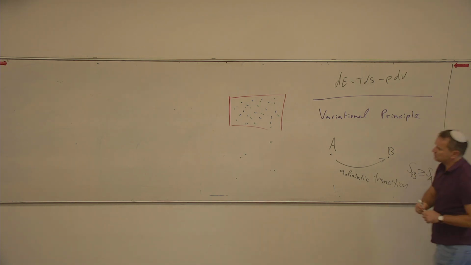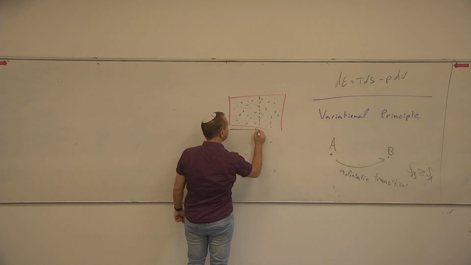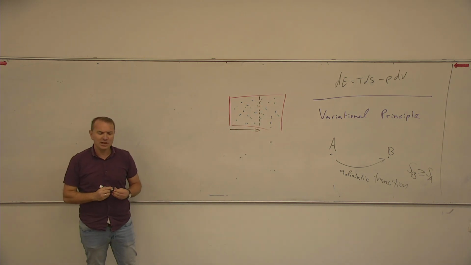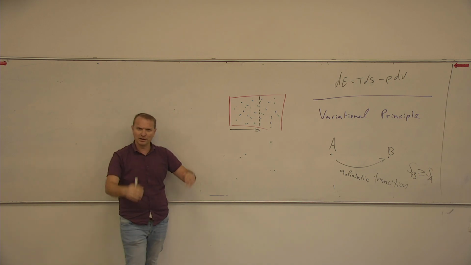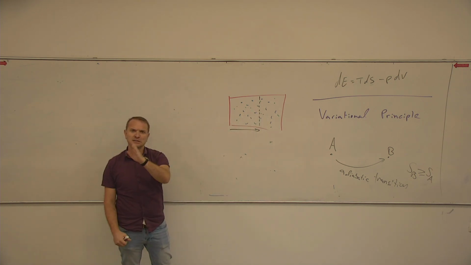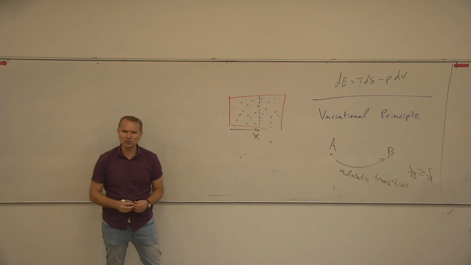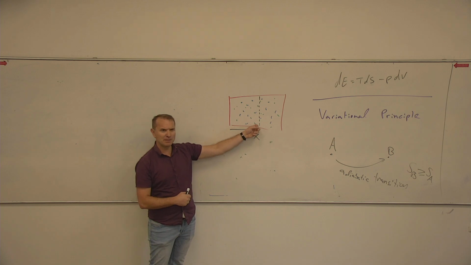The position of this membrane can vary. Let's assume this is X. This is the position of my membrane. It can vary because it's bombarded by those molecules from the left and to the right, and it fluctuates. And the question is, what is the equilibrium position of my membrane?